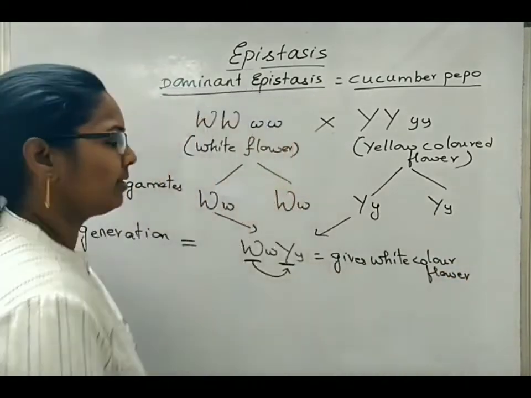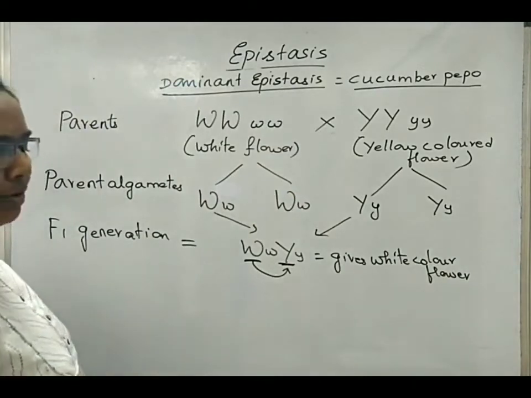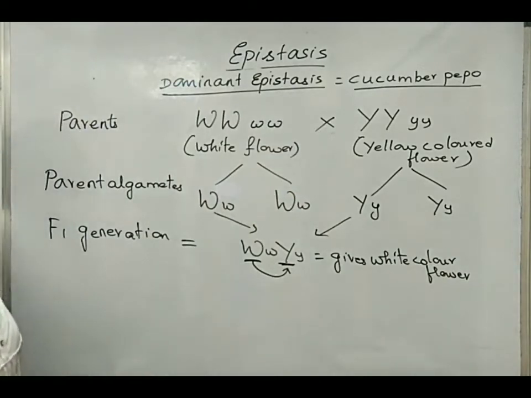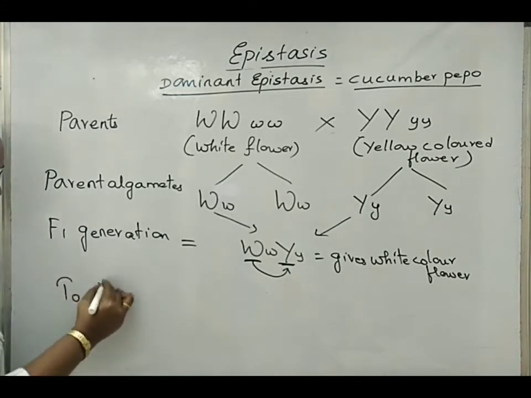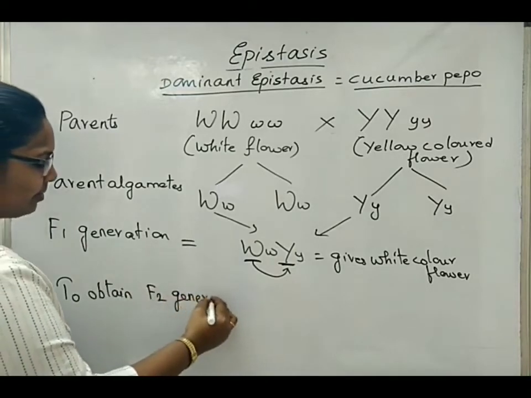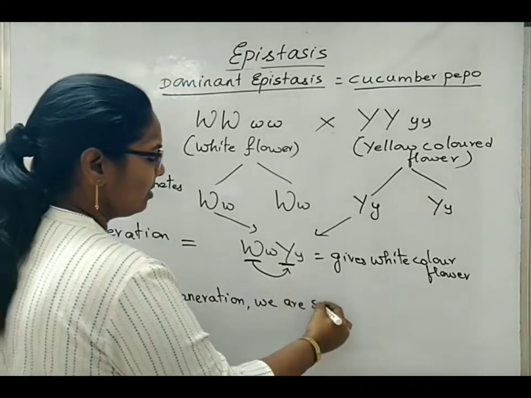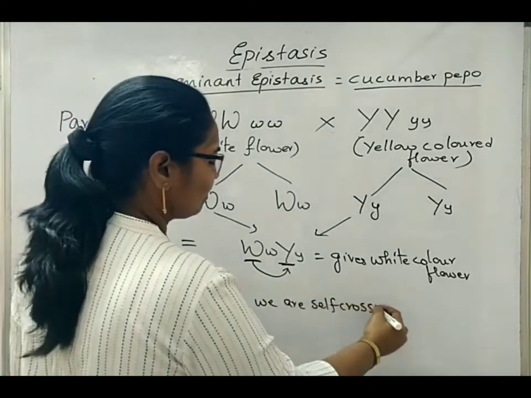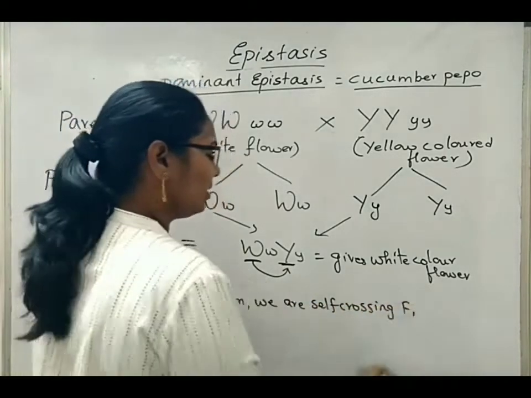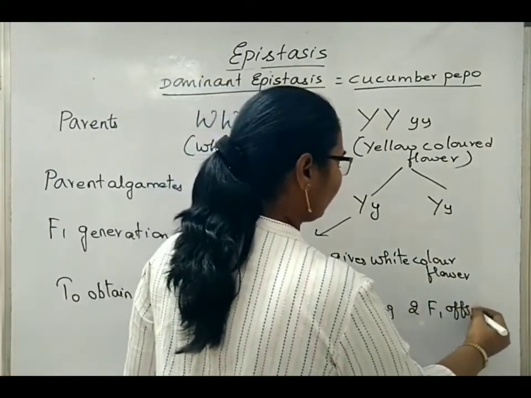White color flower. Now, we also know that to obtain the F2 generation, we have to self-cross all the F1 offspring. To obtain the F2 generation, we are self-crossing the F1 offspring.